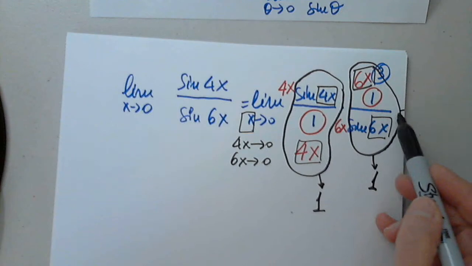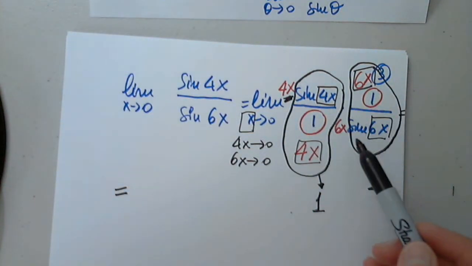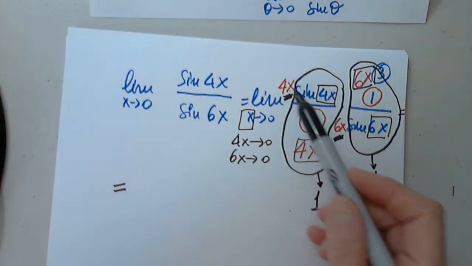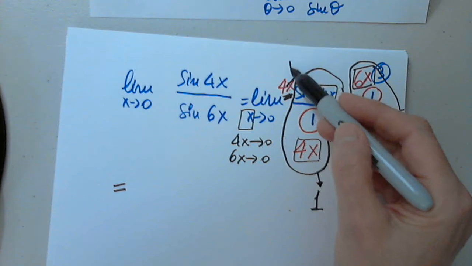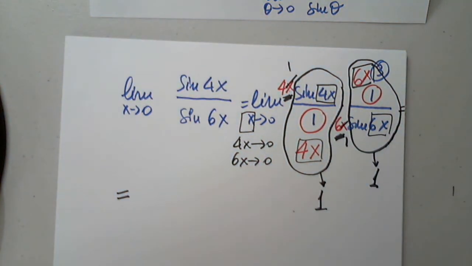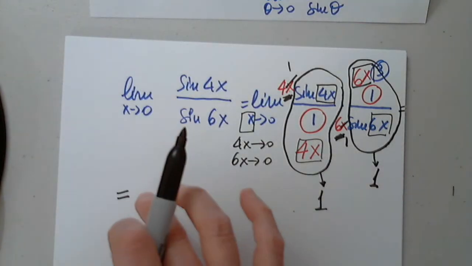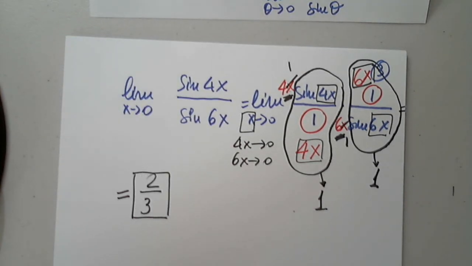And now, what is the limit? I still have a 4x and a 6x, but the x with the x will simplify. So I'll simplify x, and what is the final answer? I don't need to copy the limit operator again, because I now have just the final answer, which is? 4 over 6? Yes, awesome. Indeed. Perfect.